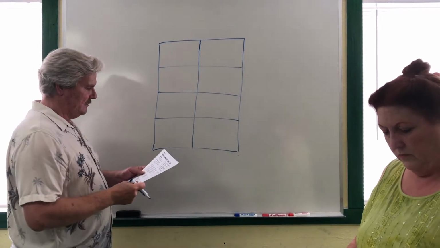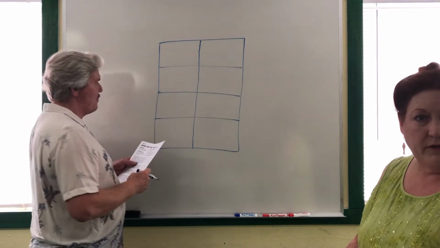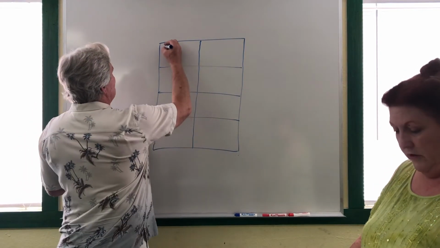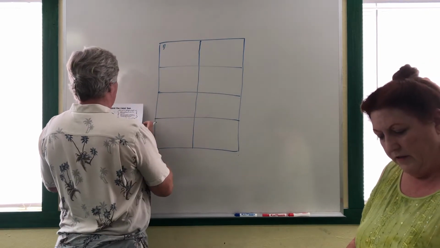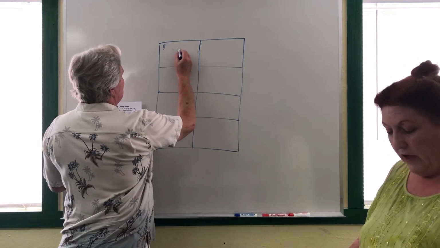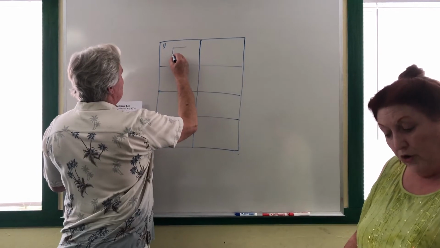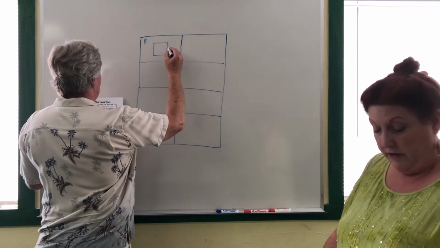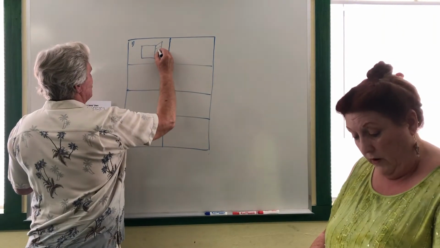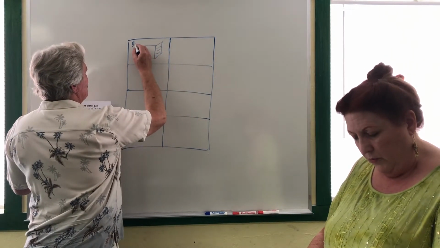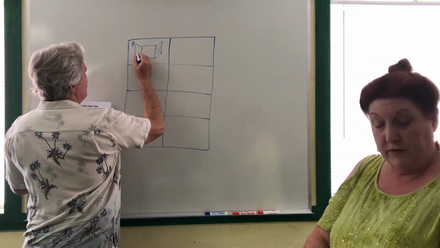All right. Well, I'm going to start reading about square number 1, and Mr. Rick is going to show you what to draw on that square. Okay, it says, the king of Babylon attacked Jerusalem. He took many people to Babylon as captives, just as the prophets had warned. Daniel was a young man who was taken to the king's palace to serve the king.